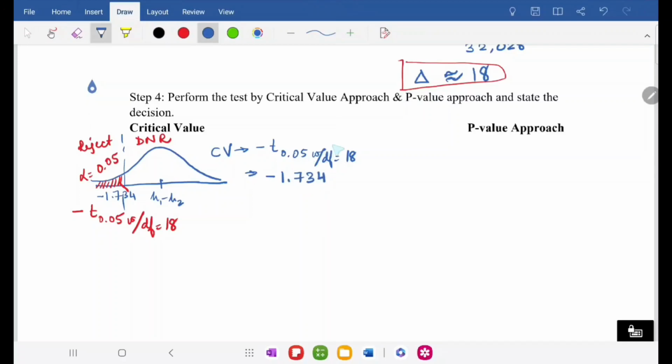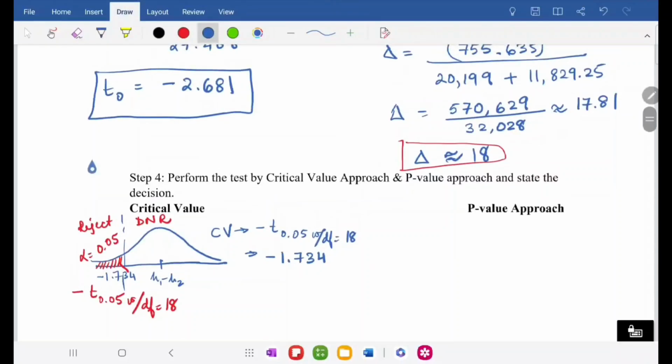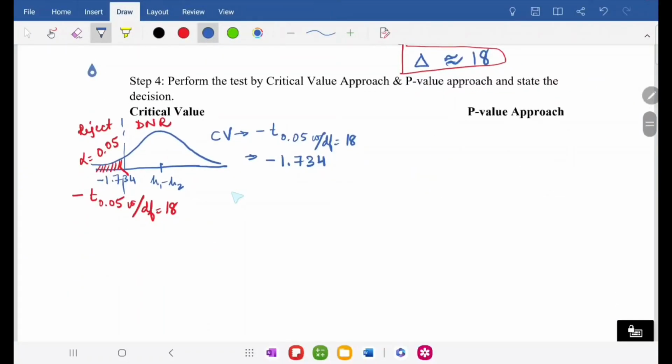This is negative 1.734. So now we bring our test statistic value, which is negative 2.681. So t sub 0, which is negative 2.681, is less than negative 1.734. It would be located somewhere way to the left, which is clearly the reject region, maybe even further to the left.